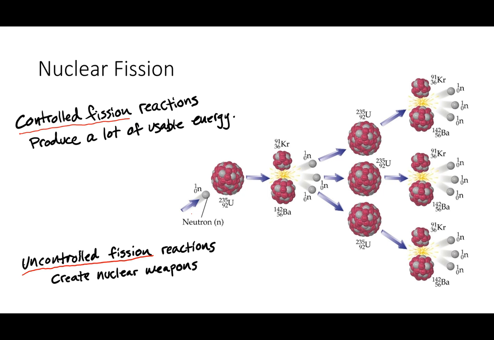Okay, so we have a fissionable nucleus of uranium 235. It has to be a particular isotope that's known as a fissionable nucleus.